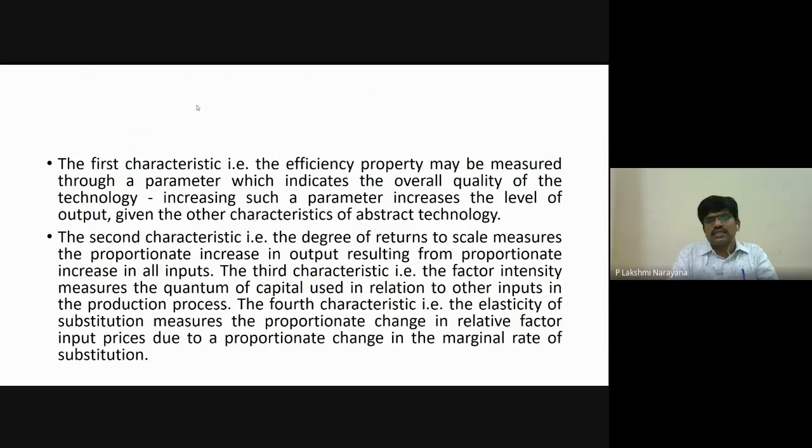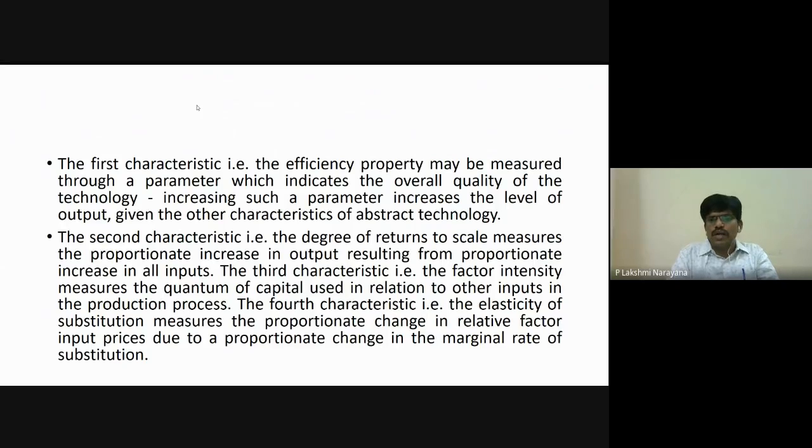So the first characteristic, that is the efficiency property, may be measured through a parameter which indicates the overall quality of the technology.